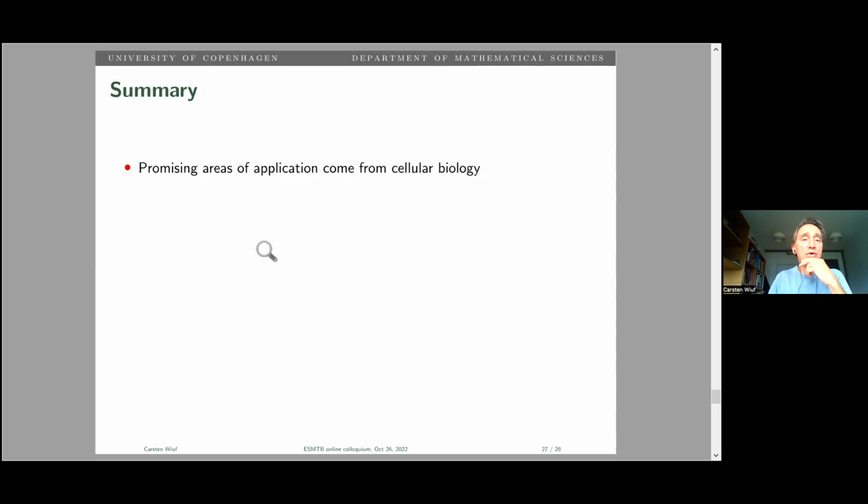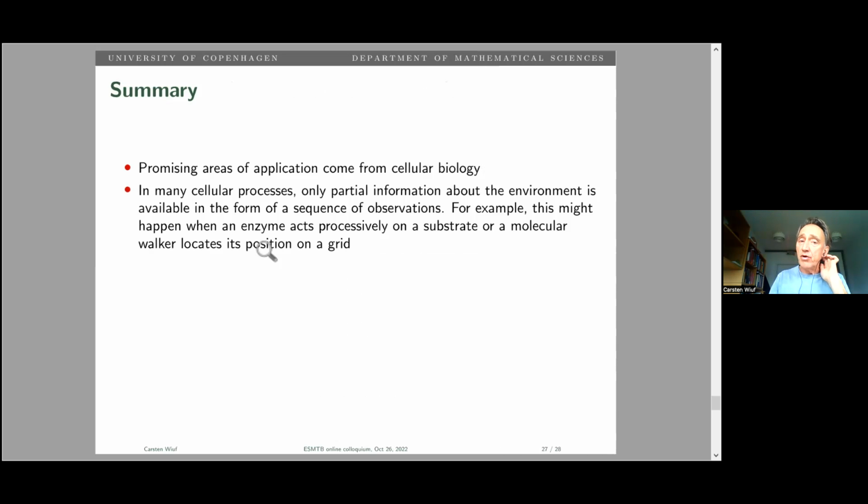So some applications, just to round off. Some promising areas of application might come from cellular biology, right? In many cellular processes, partial information about the environment is available in the form of a sequence of observations. And this might, for example, happen, as I mentioned earlier, if an enzyme acts on a substrate or a molecular walker locates a position on a grid.